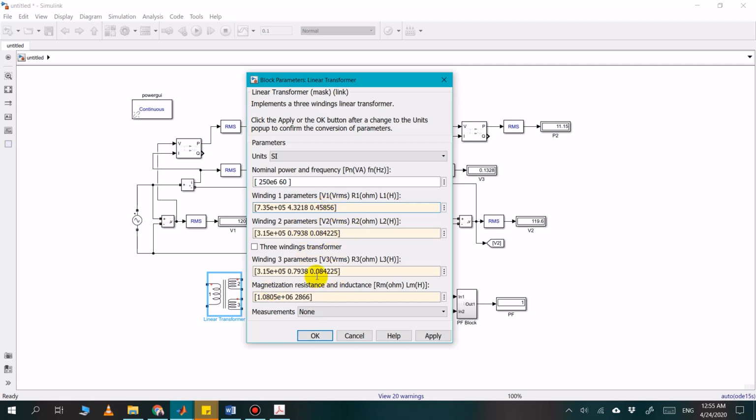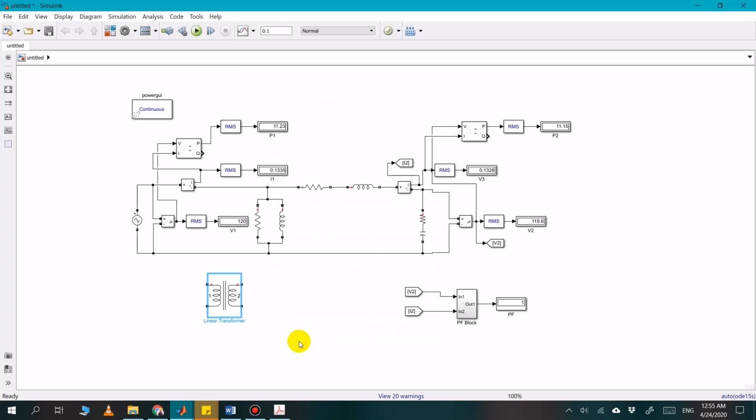So do compare these values with the values that you got from lab number 2 and 3, and you will find that you have similar values. Okay, that's it from lab number 4. So do complete this lab, and we will meet in lab number 5. Okay.